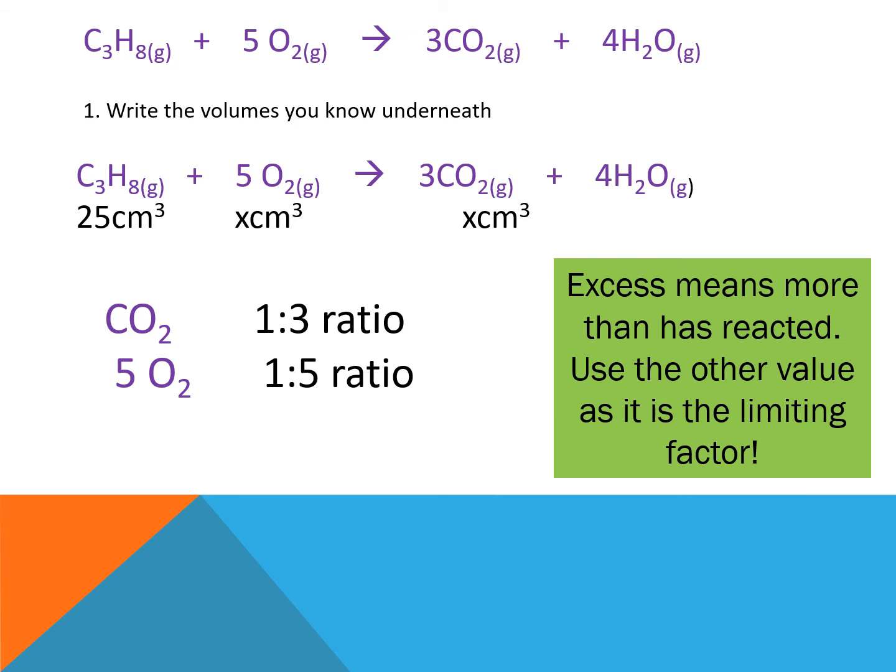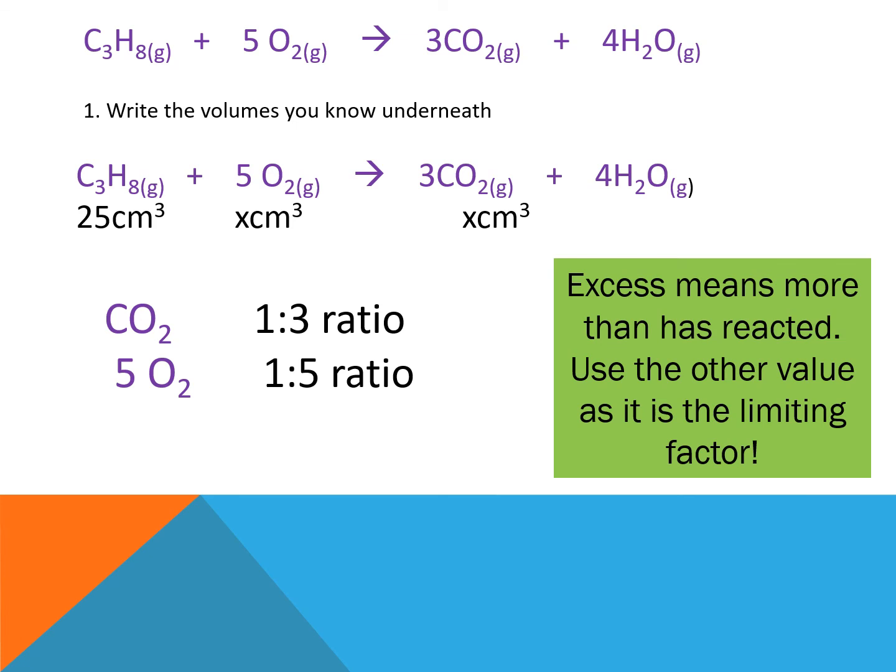We have to do an extra calculation there to find out how much was left at the end. And remember, what was left at the end was the amount that wasn't used. So 200 take away 125 gives us 75 centimeters cubed. So 75 centimeters cubed of oxygen was left at the end. It wasn't used up in the reaction. It was the excess amount then.